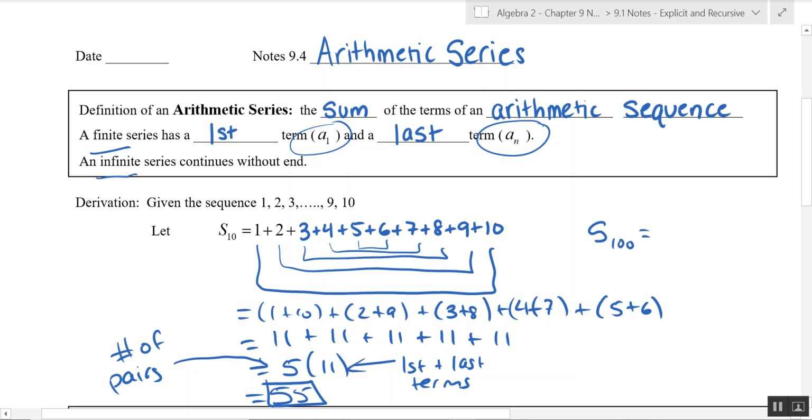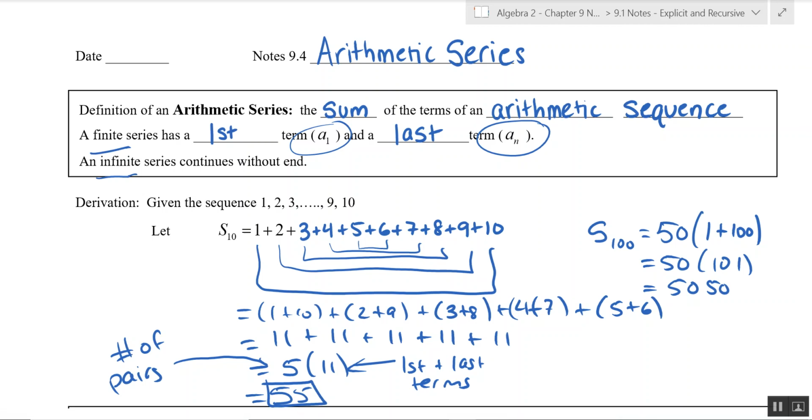If there's 100 terms, there would be 50 pairs. And then the first term plus the last term, if we wanted to figure out the sum of the first 100 terms, we'd simply say 50 times 101, or 5,050.